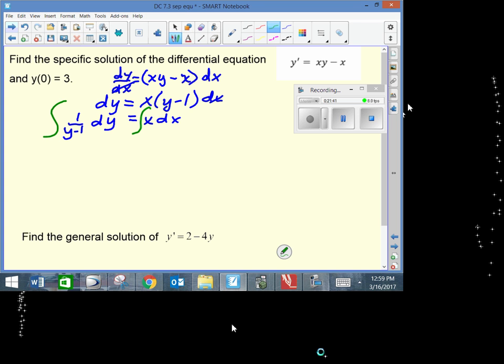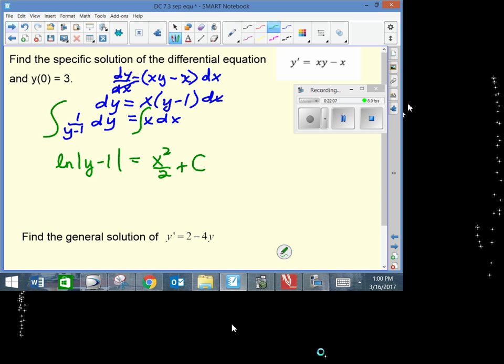All right, what do we get on the left side there, Megan? Nice. Okay. Anybody not get that? Awesome. Christine, what did you get on the right? Okay, don't forget that C. All right. Now, here comes the interesting part where you have to solve for y.